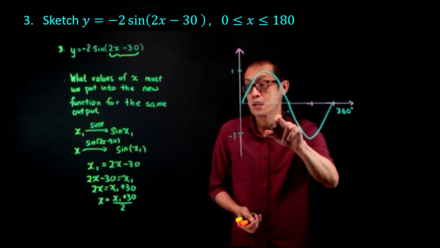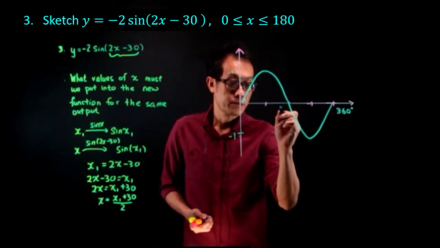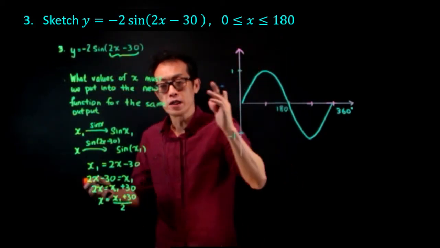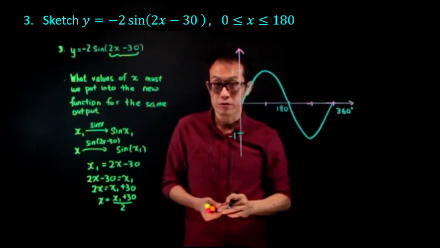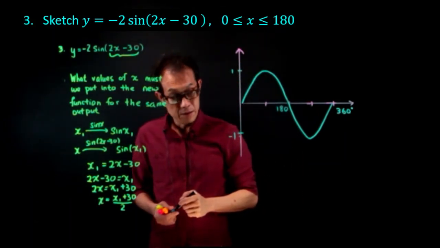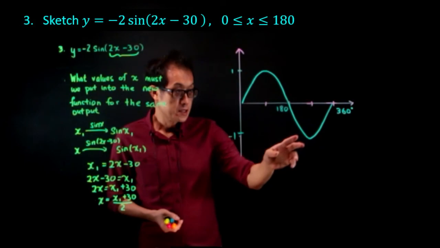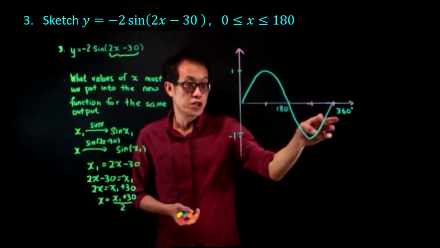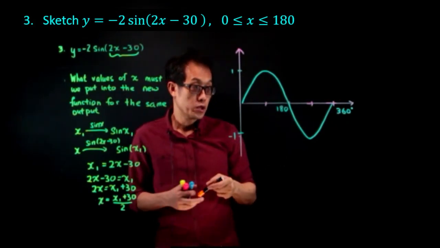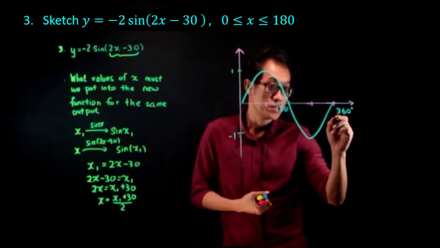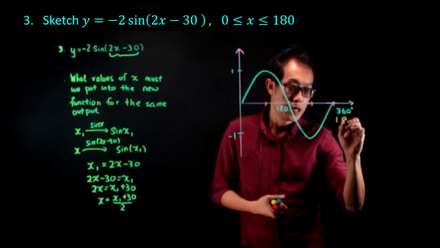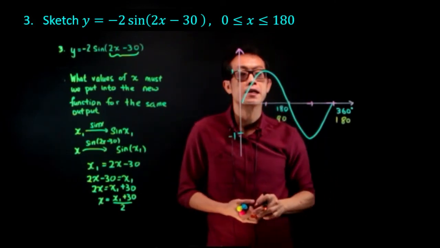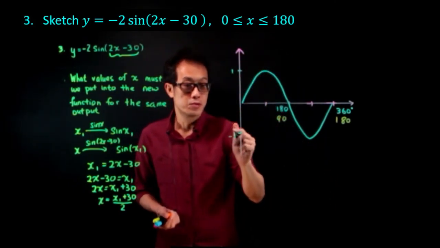And then here is 180. Now, these two actually compress the graph. So instead of us having to redraw the graph, we just change the x coordinate or the x-intercept. So this will become 180 and this will become 90. Okay, this is still 0.